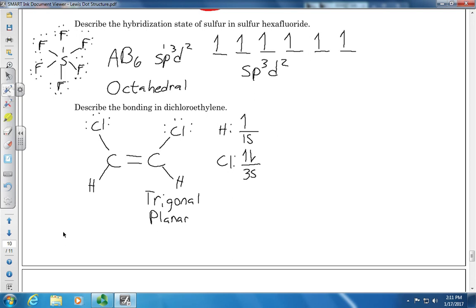We're only looking at the valence shell here. So 3p, and 1, 2, 3, 4, 5. 5 plus 2 is 7, so that would be what you would normally see for chlorine. However, because of its hybridized state, it has those extra electrons.